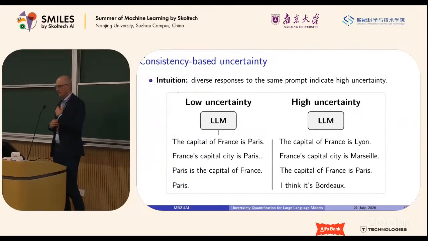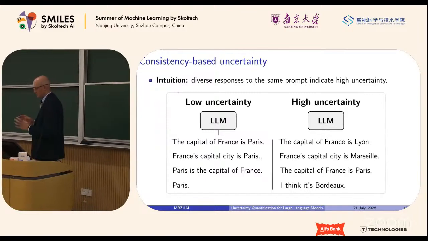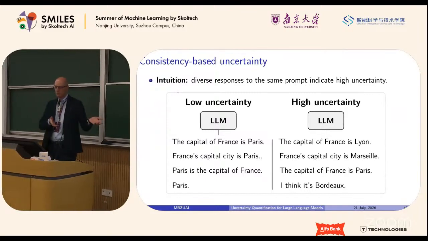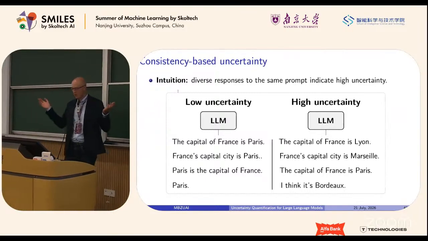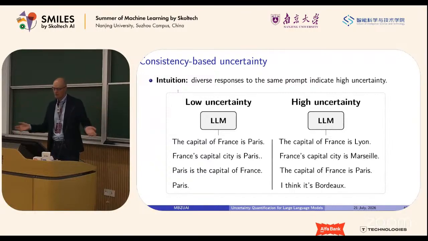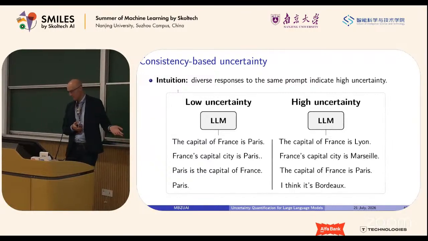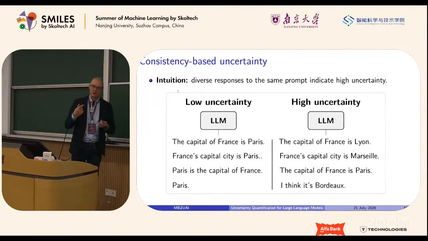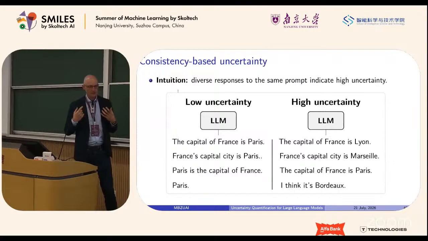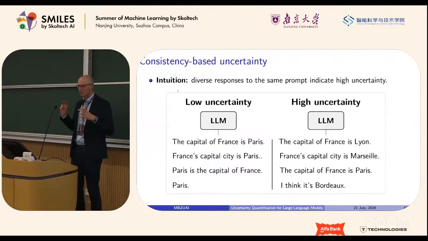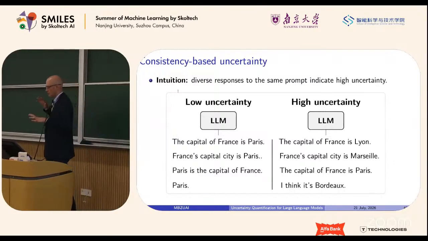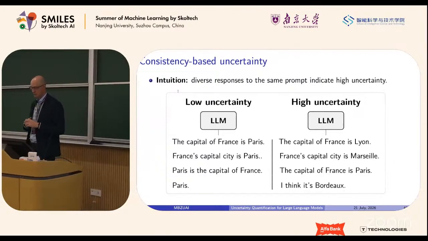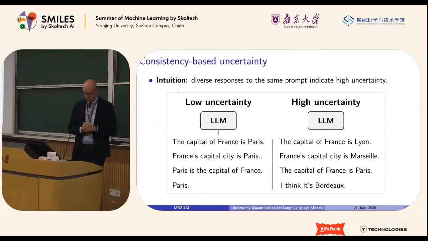But if it starts changing its mind, you're asking, what is the capital of France? And it starts saying, oh, the capital of France is Lyon, the capital of France is Marseille, or it's Bordeaux. Then it means that the model doesn't really know the answer. It tries to just make a prediction of something more or less plausible.